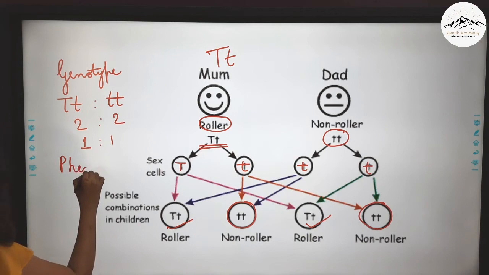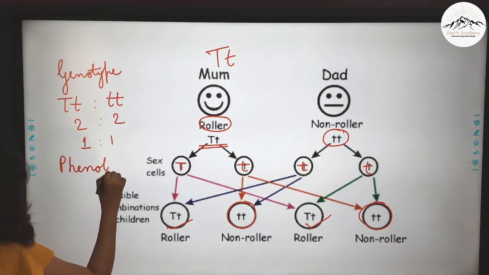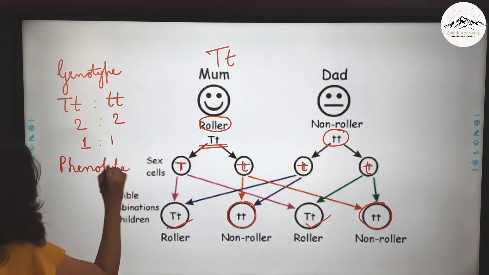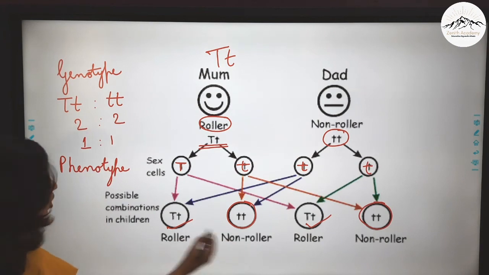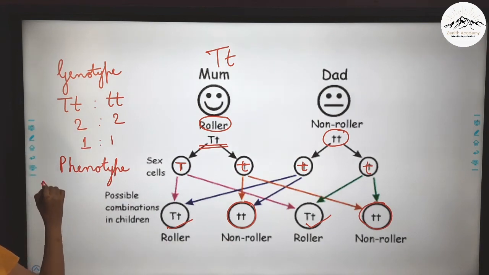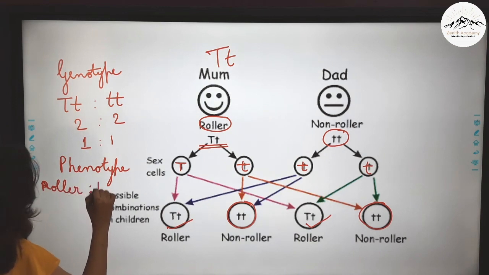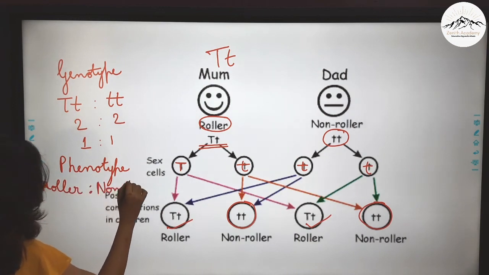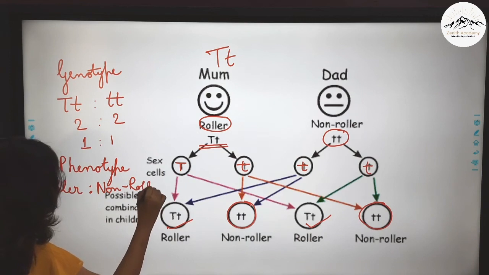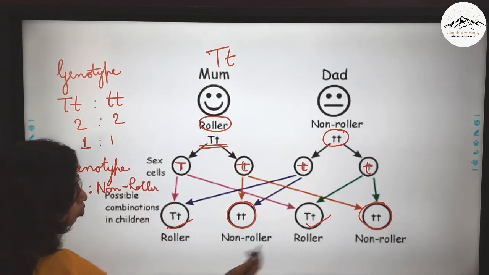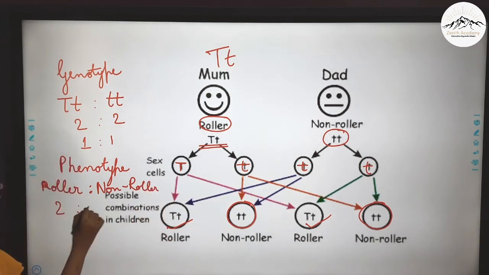Phenotype is the expression, what you can physically see. So phenotype, that is roller and non-roller. So one is roller and another is non-roller. Now in this case, how many are roller? 2 are roller and 2 are non-roller. So 2:2. So here also the ratio is 1:1.